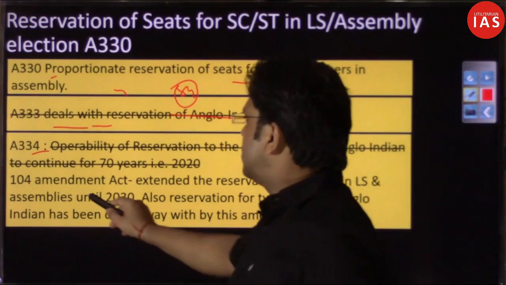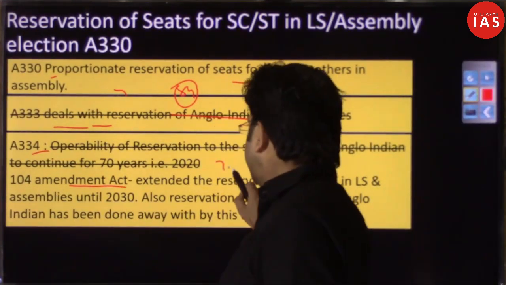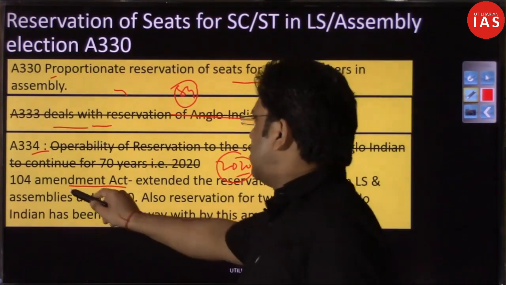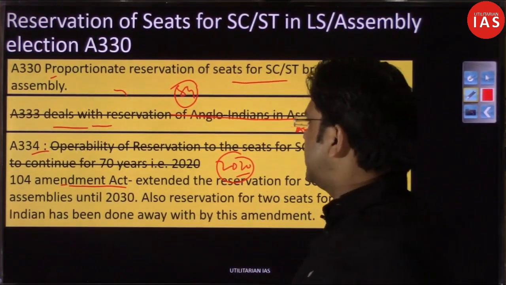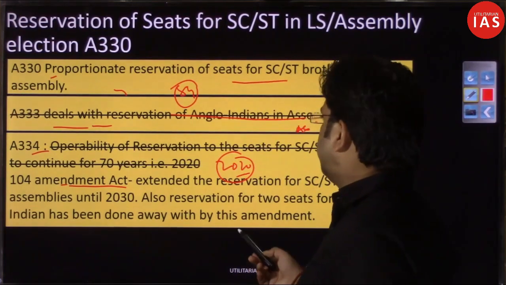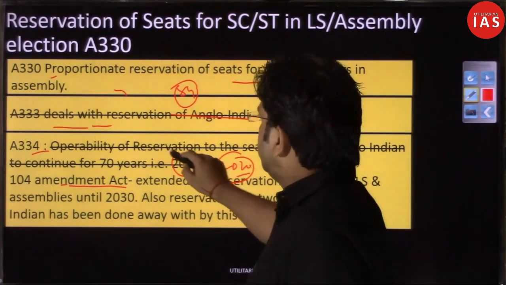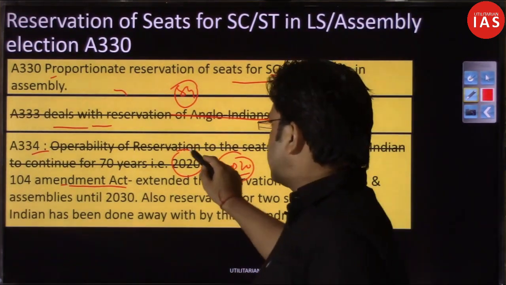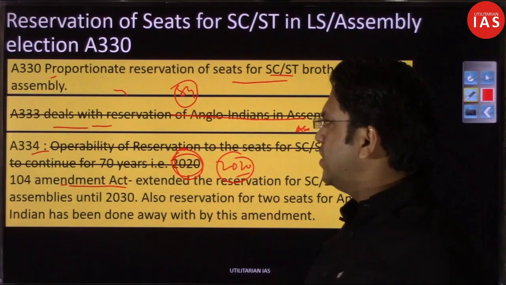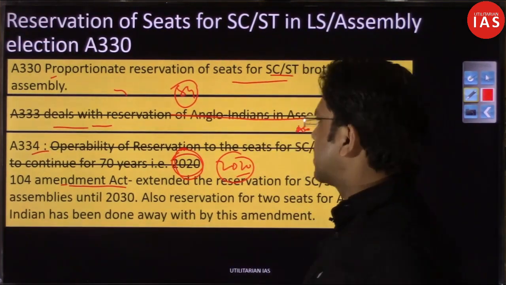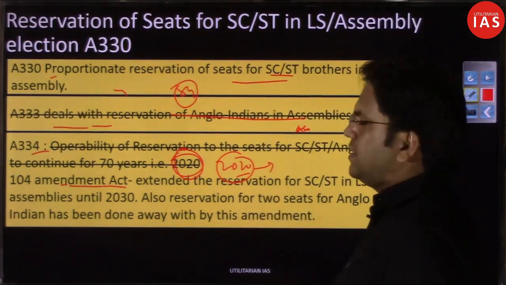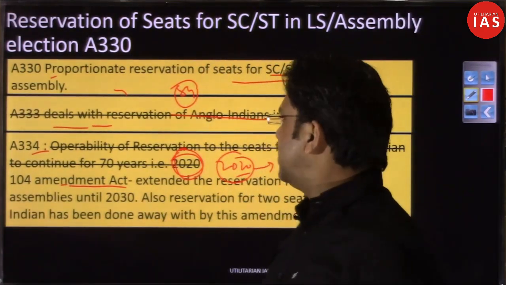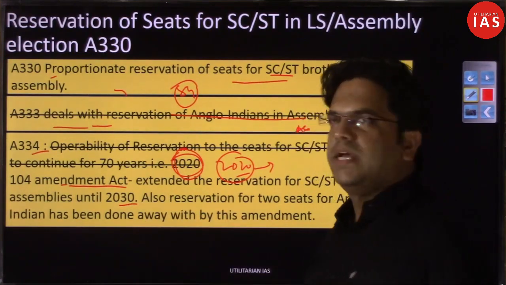Before the 104th Amendment Act, which was brought by the government and passed by the Parliament, this provision of reservation for the SC and ST communities was to last until 2020, but by this 104th Amendment Act, this provision of political representation in the Lok Sabha and assembly elections has been increased until 2030, right.